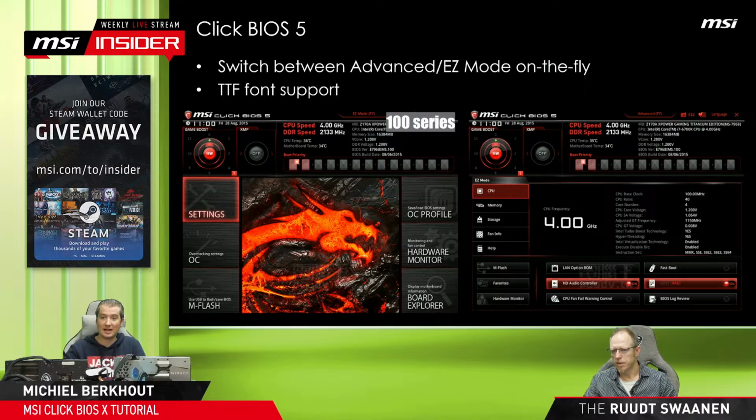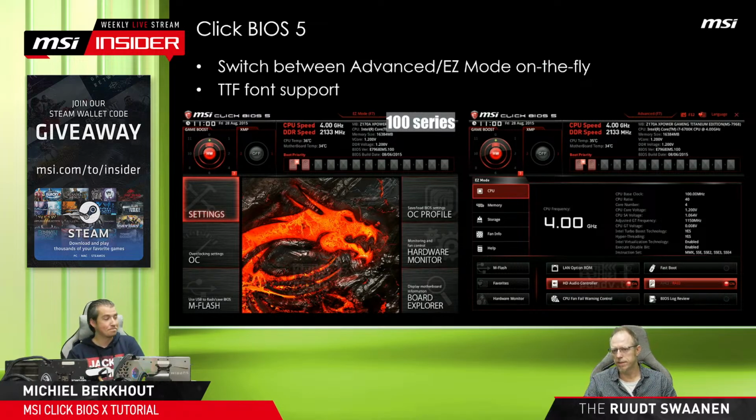I see a question by Alan in the chat. Is Click BIOS X or 10 going to be used on the 600 series AMD boards? No. They will still continue to run Click BIOS 5. Of course, there will still be BIOS updates for those boards as well, but based on Click BIOS 5, whereas the 800 series for both Intel and AMD are running the new Click BIOS X or Click BIOS 10, whatever you want to call it.